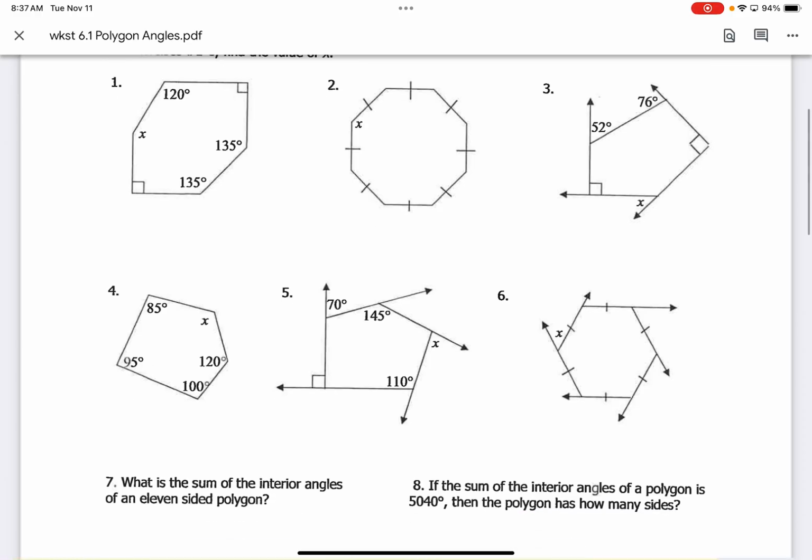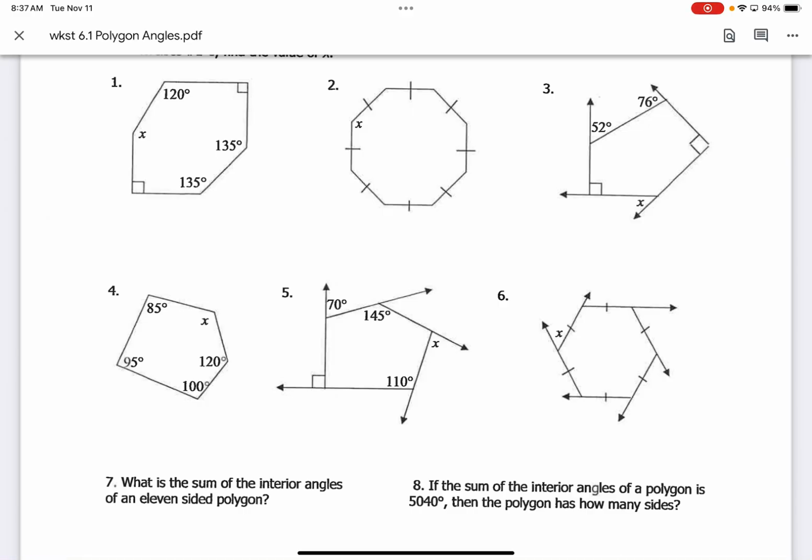So if you look at number 5, this has a mixture. So how do you know which one it is? Is it interior or exterior? Do you see how x is on the outside? That tells us we're solving for an exterior angle.